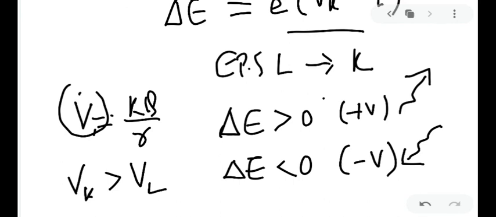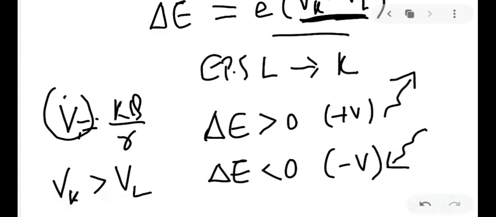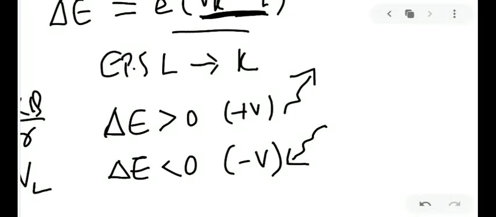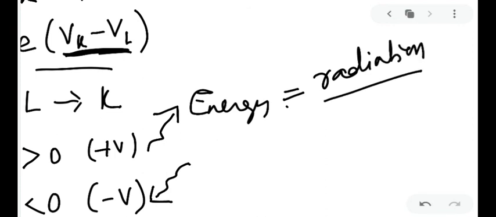So if Vk is larger than Vl, delta V as per this definition should be greater than 0, and that means you will not have to supply any energy, but you will instead get an energy output. Where does that energy output appear? It appears as radiation, and that radiation is what you call the energy released during the electronic transition.